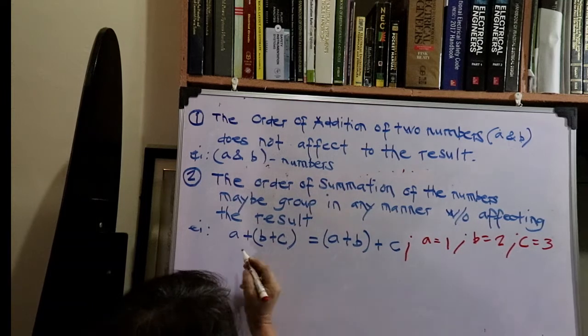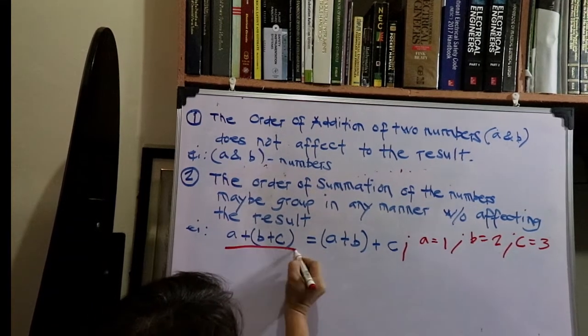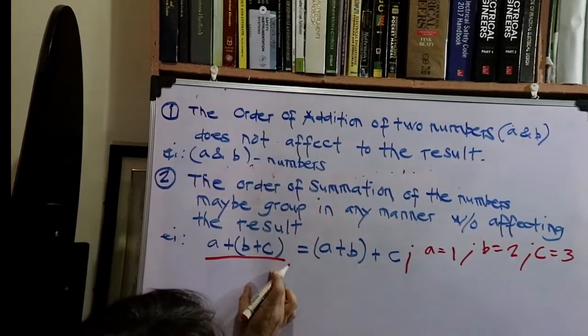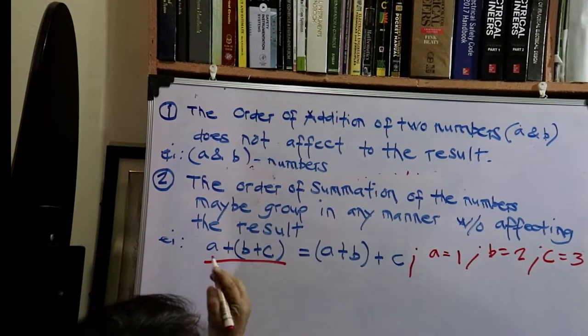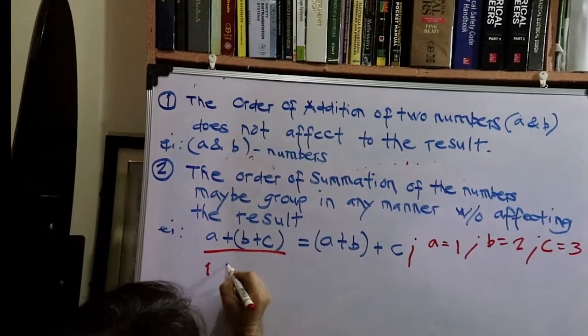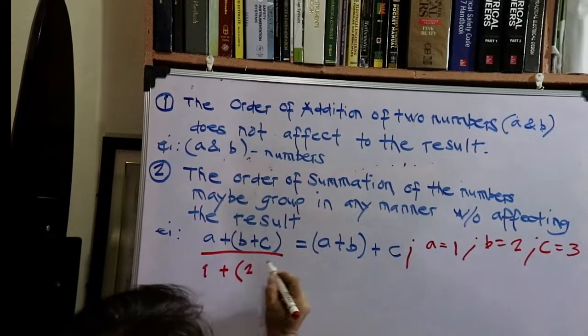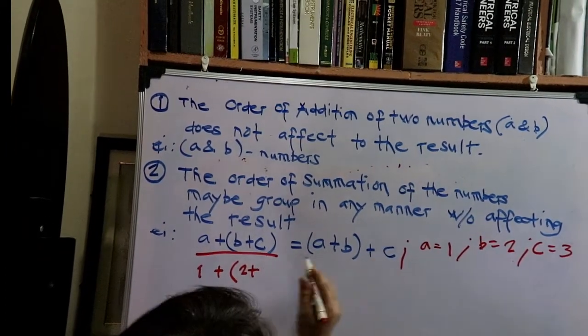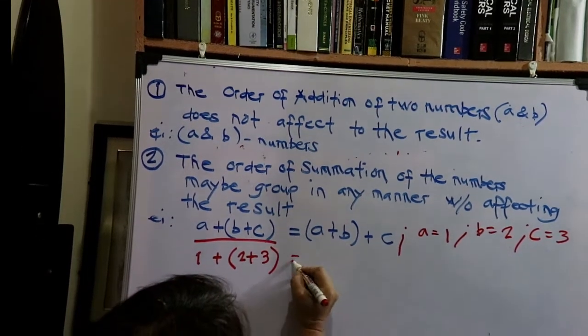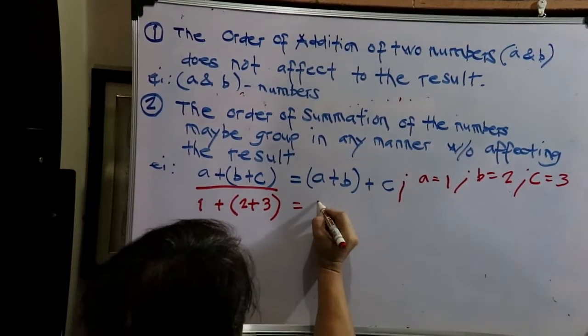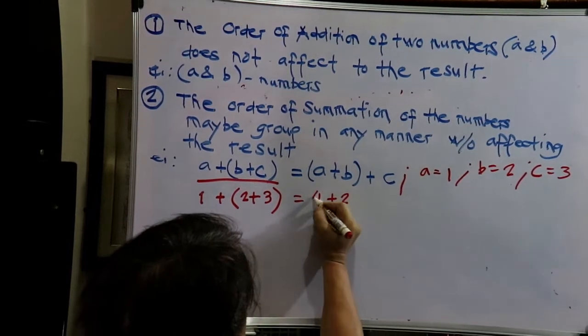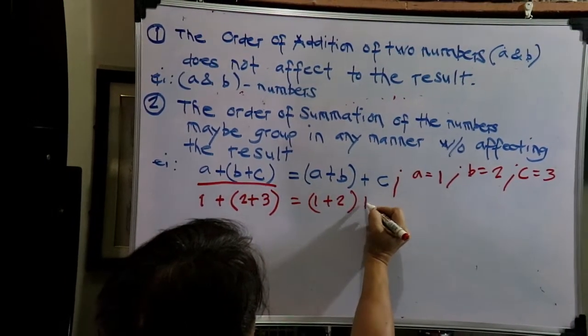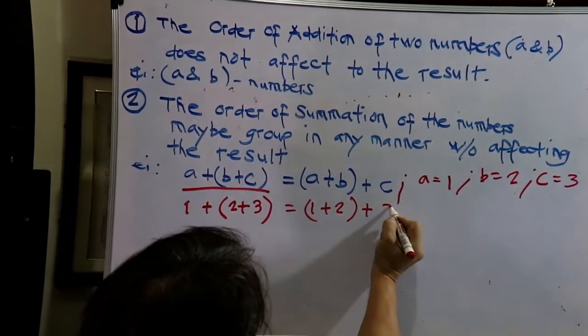On the left side, we have A plus B, 1 plus 2, which is 3, then we associate C, 3.